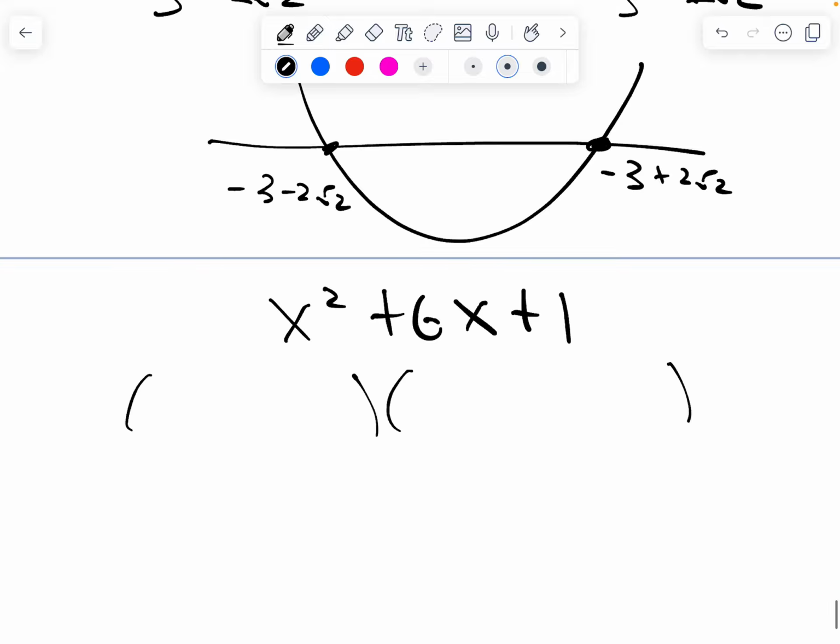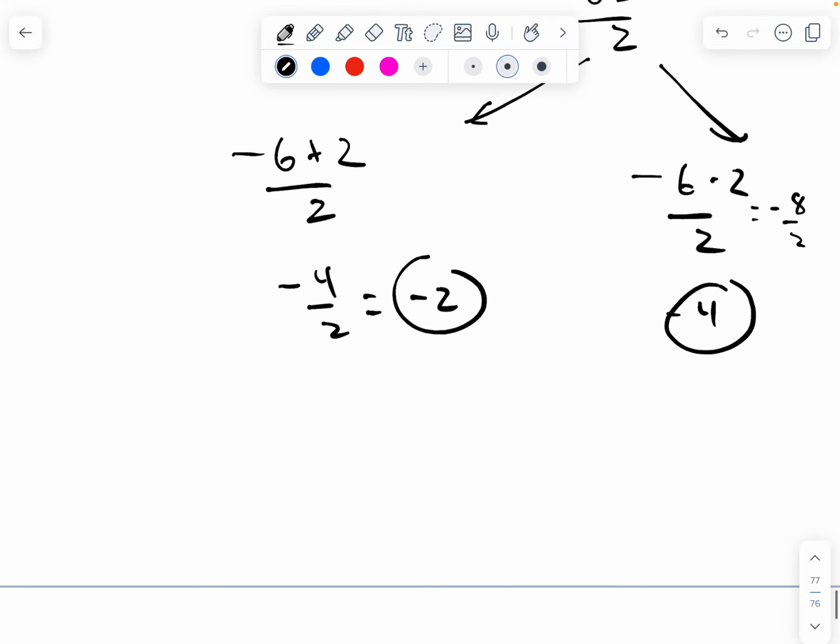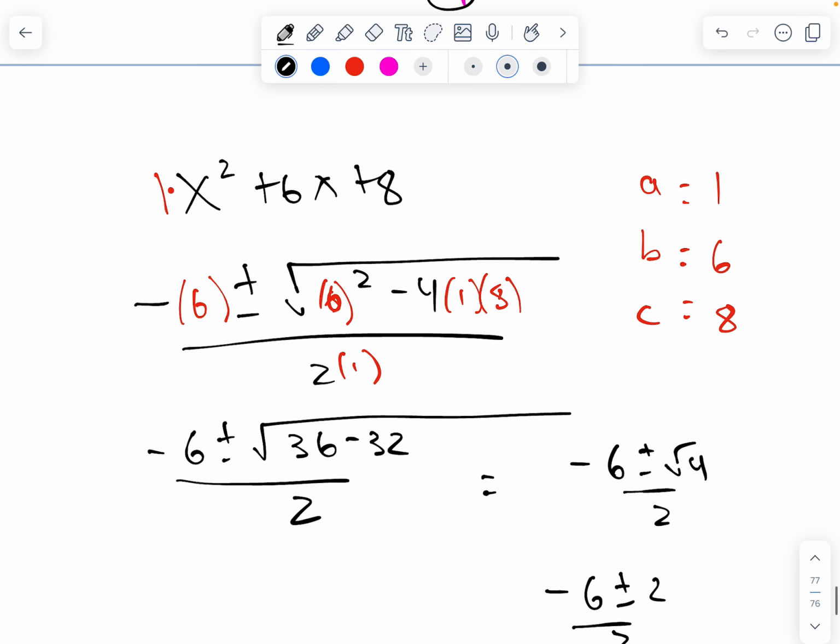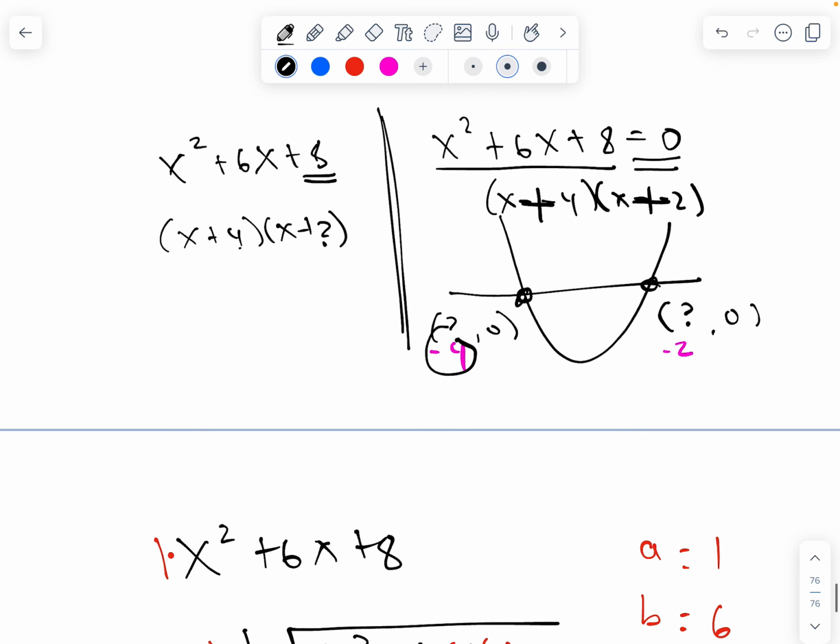Well, let's go up and look at our previous example, up above somewhere right here. Okay, in this one, our intercepts were at negative 4 and negative 2. Because the intercepts were negative 4 and negative 2, we flipped those signs, and it's 4 and 2. So we have that sign flipping.